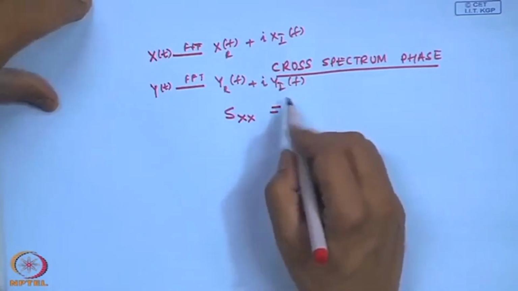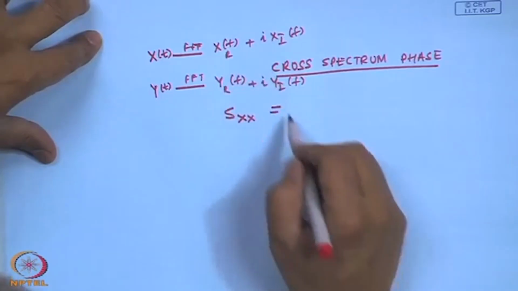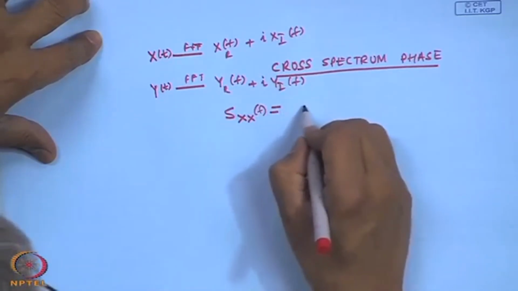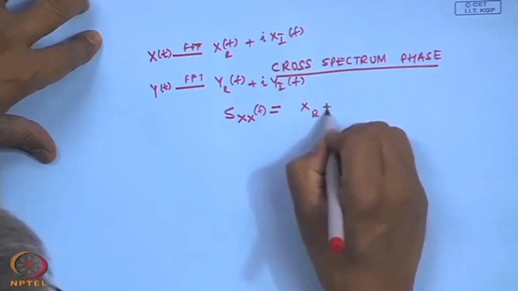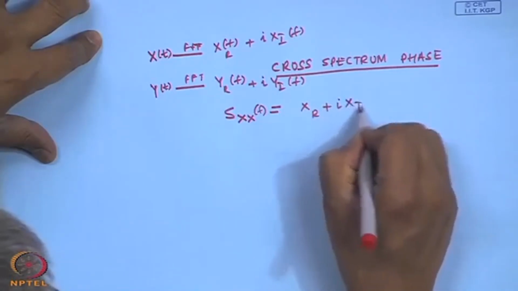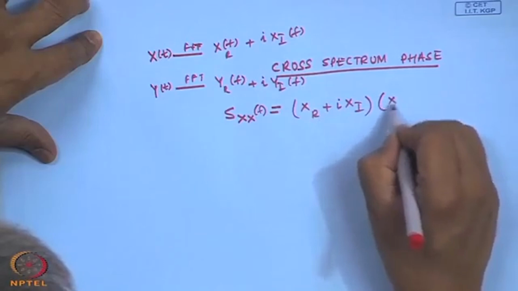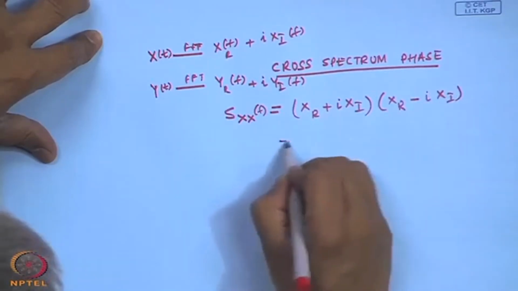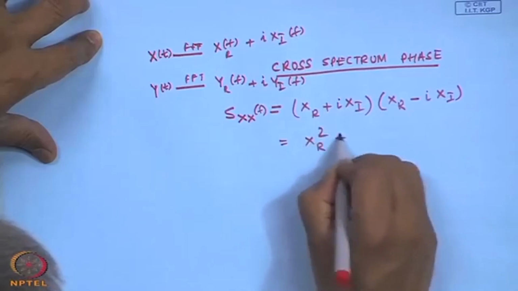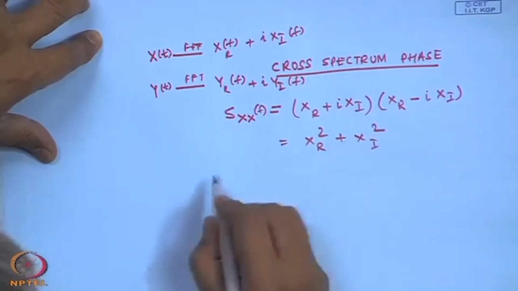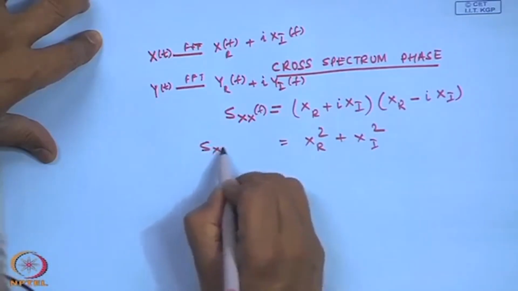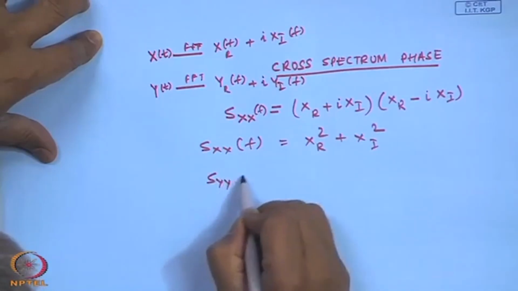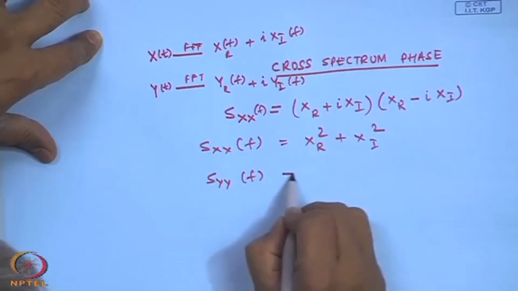So, Sxx, I will remove the f's here, these are all in frequency domain, and this will be xr plus i xi times the conjugate, and this will be xr square plus xi square. So, this is the auto spectrum of the signal x. Similarly, the auto spectrum of signal y will be yr square plus yi square.